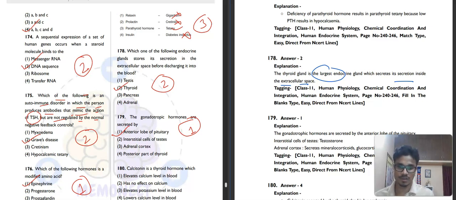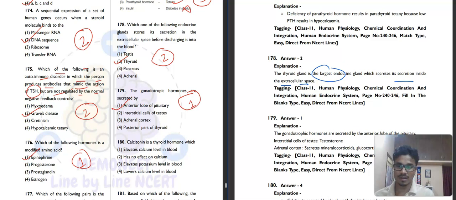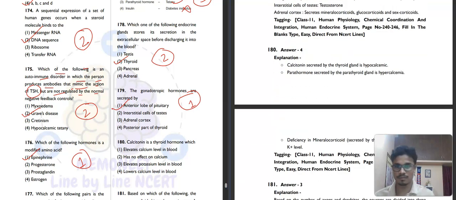Okay, posterior part of the thyroid. Then 180. Calcitonin is a thyroid hormone which elevates calcium level in blood, has no effect on calcium, affects potassium level in blood, or lowers calcium level in blood. That's why its name is calcitonin.